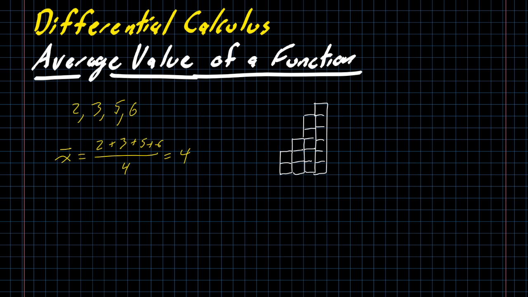Of course, the total area covered by these blocks is 16, and if we divide by the width of this space, which is 4, we will get the average value, which came out as 4.